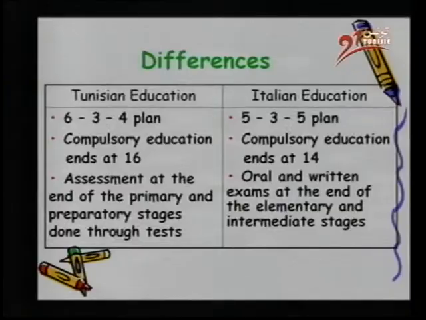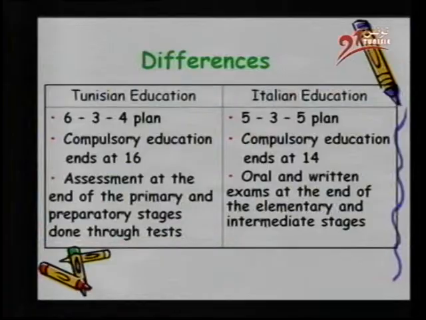What about assessment? What are the differences in the assessment system used in Tunisia and the one used in Italy? In Tunisia, there is assessment at the end of the primary and preparatory stages, which is done through tests. You know that if at the end of the school year a student manages to get the average, he can pass on to the next class.